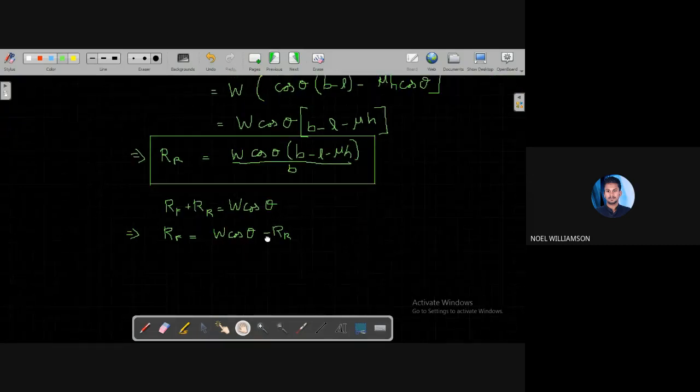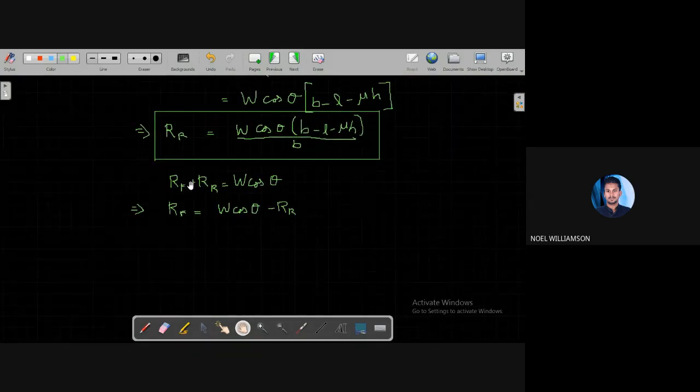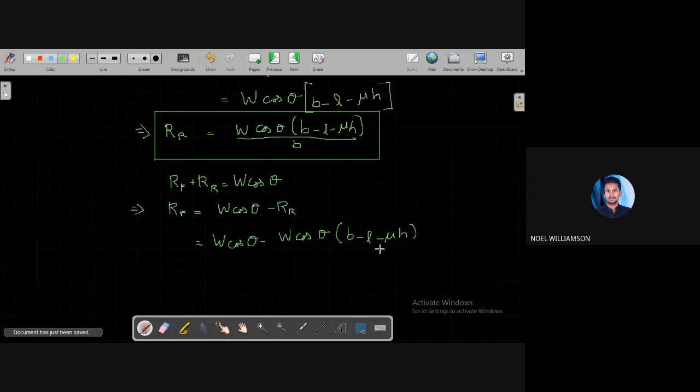While substituting the value of RR from here, you can write W cos theta minus W cos theta into b minus l minus mu h by b.